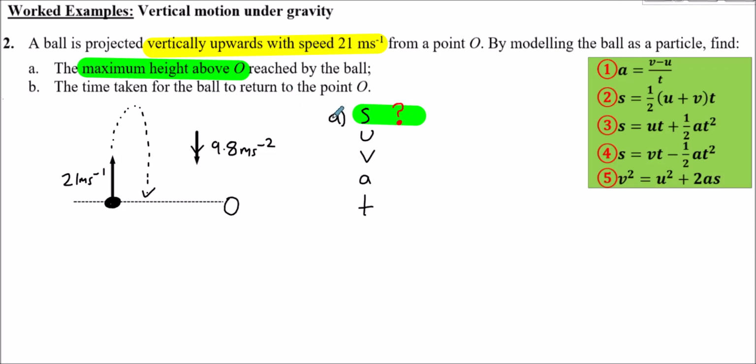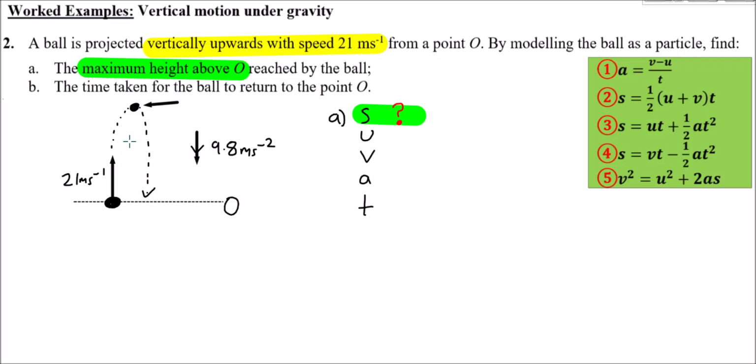Now, the maximum height is going to be reached at this point. At this point here, the velocity is going to be 0. It's not going up anymore because it's got to its maximum point, but it's not yet falling back down. If you throw a ball up in the air, it's at its maximum point just before it starts to fall back down.